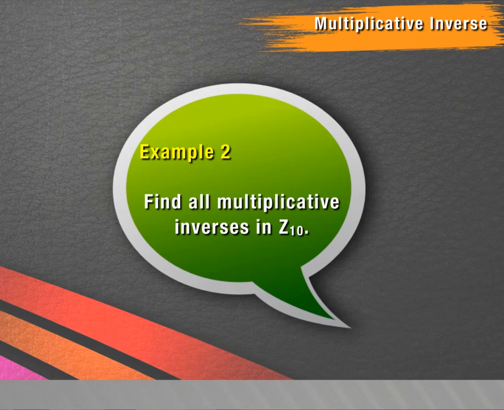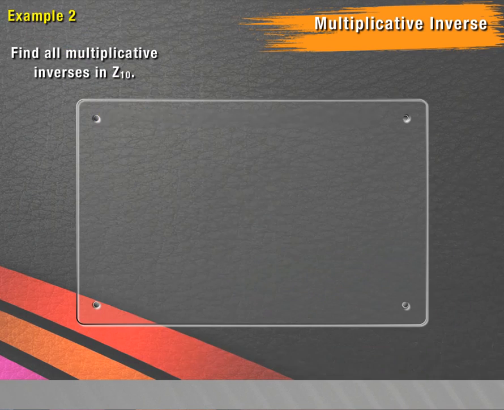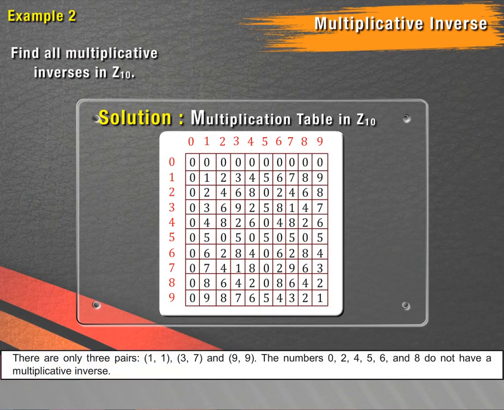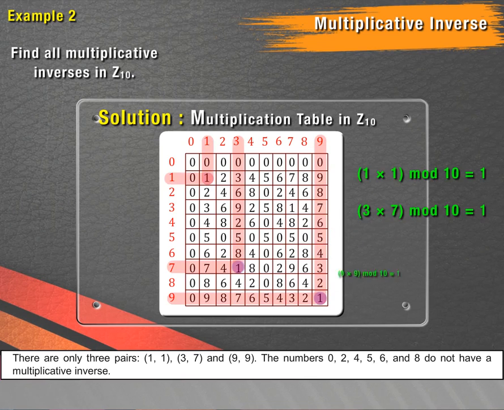Example 2. Find all multiplicative inverses in Z10. Solution. There are only 3 pairs: 1, 1; 3, 7; and 9, 9. The numbers 0, 2, 4, 5, 6 and 8 do not have a multiplicative inverse.